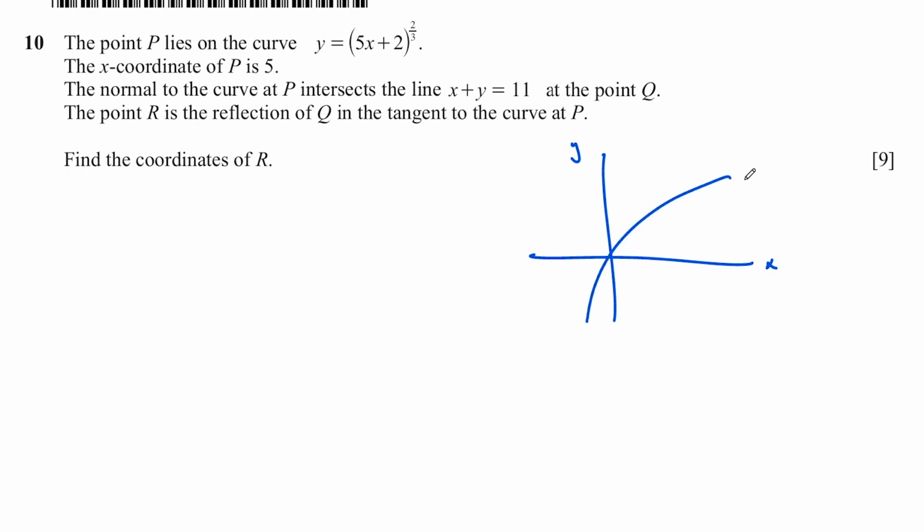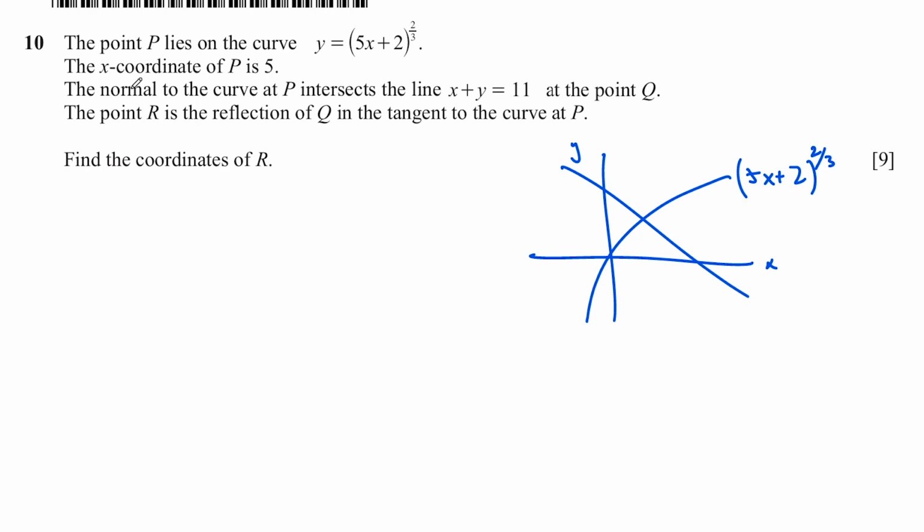So let's say this is the curve. Again, I do not know what this curve looks like, it's just a sketch. And then also we have this line, x plus y is 11.